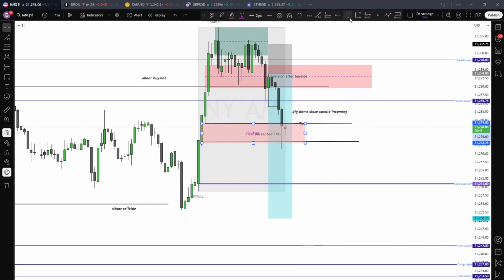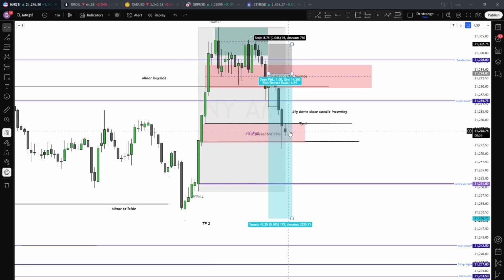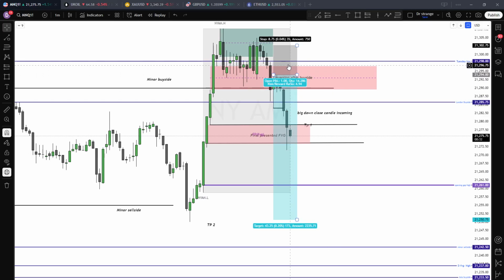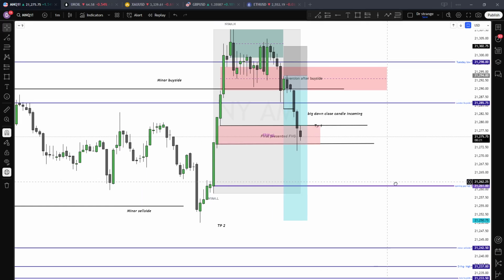This is TP2. With these volume imbalances that we are creating in. Remember I told you this is our inversion after buy side. This is where we're buying from. So with this volume imbalance, we are on the right side of the market.